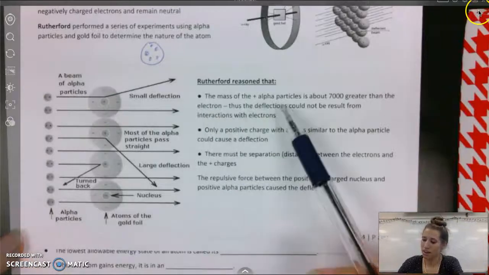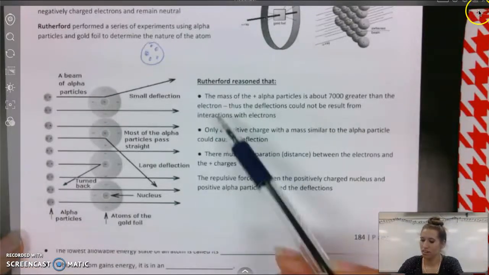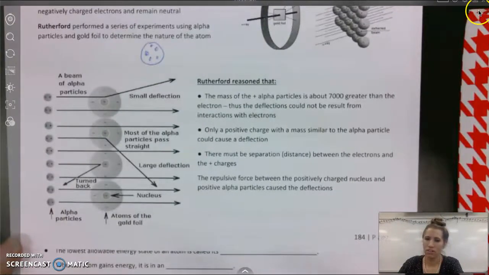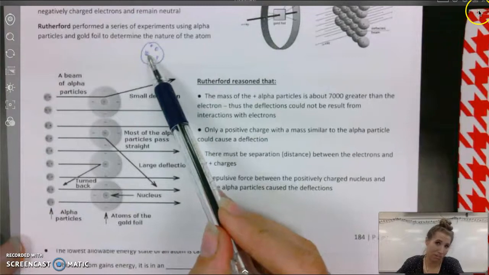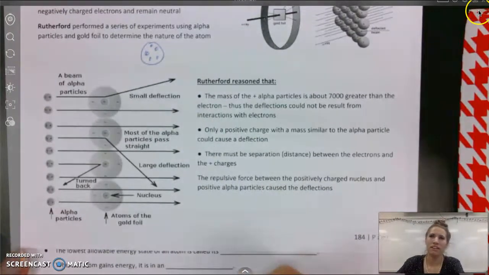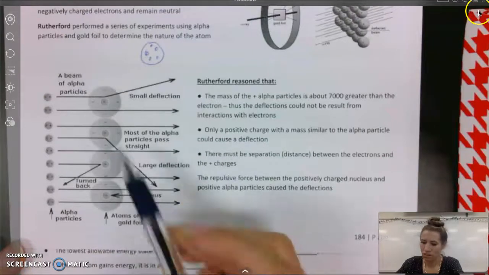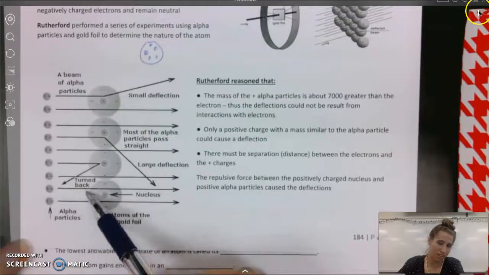So the mass of an alpha particle is 7,000 times greater than an electron. So if these alpha particles were hitting the electrons, they weren't being deflected by them. Think of a bowling ball hitting a tennis ball. The bowling ball is not going to be deflected by that tennis ball. Okay? So these deflections that they were recording could not be because of the electrons.